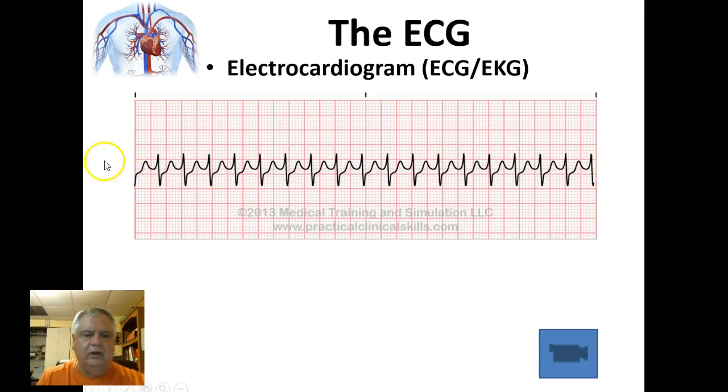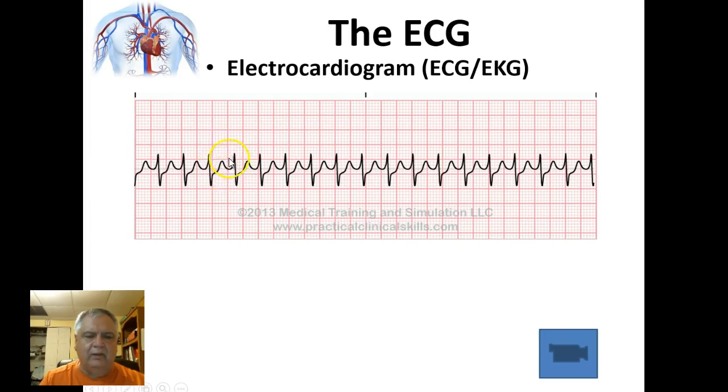In other words, the ventricles are contracting very, very rapidly, and supraventricular means that it's something that's going on above the ventricles that's causing that rapid heart rate. This is so rapid here that normally we'd think we should see a P wave, then a QRS, then a T wave, then a P wave.